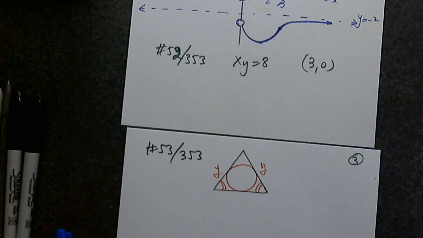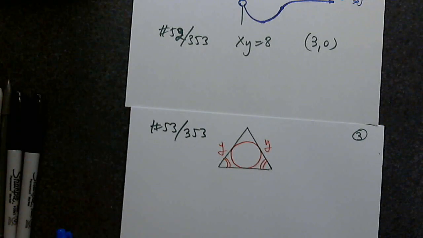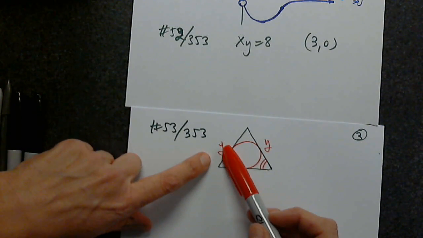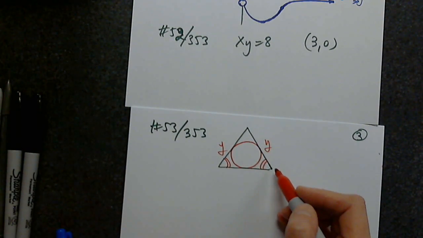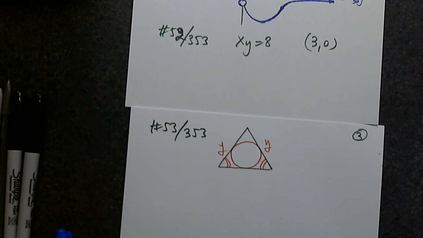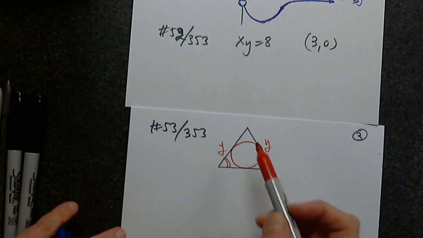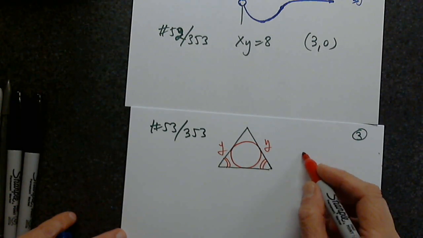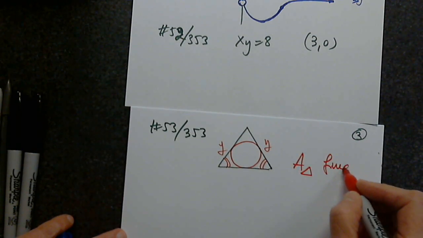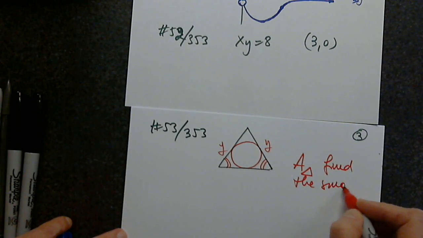Does that make it an equilateral triangle? It does not. We are told it's an isosceles triangle, so only these two sides are equal. Only this and this. So we want to find the smallest possible area of this triangle.